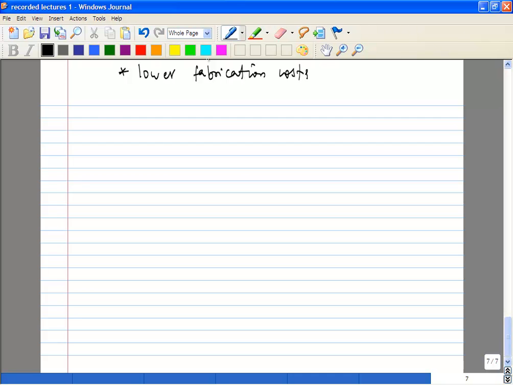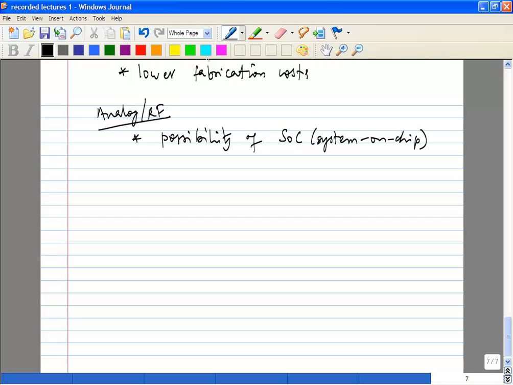Now, why would you want to use it for analog or RF for that matter? So, of course, the number one reason is you have the possibility of what is called a system on chip. Okay. So what that means is you can have a single chip with digital, mixed signal, RF.